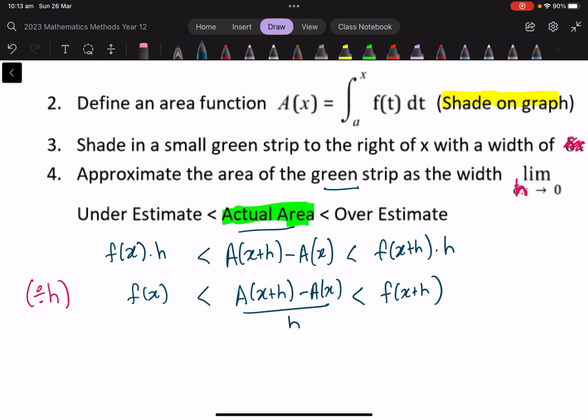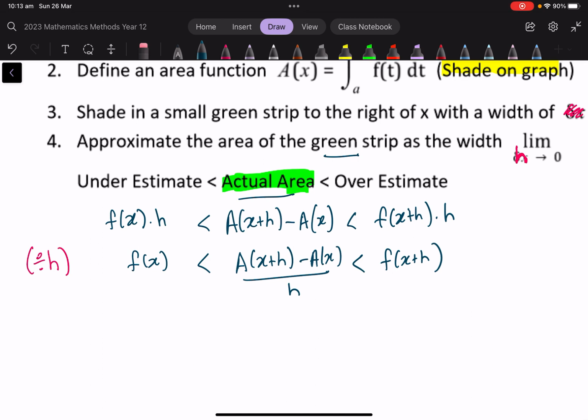Okay, so now what we've got is something that you should have seen from doing first principles before. This bit here is very much what you see when you're doing the rise over run in first principles. So what we've actually got, as the limit of h tends to 0, the actual area of the green strip, this bit in the middle, as h tends to 0, looks like this.